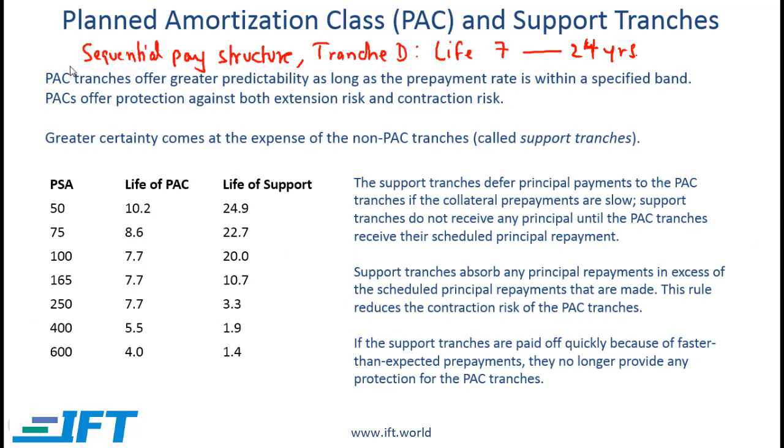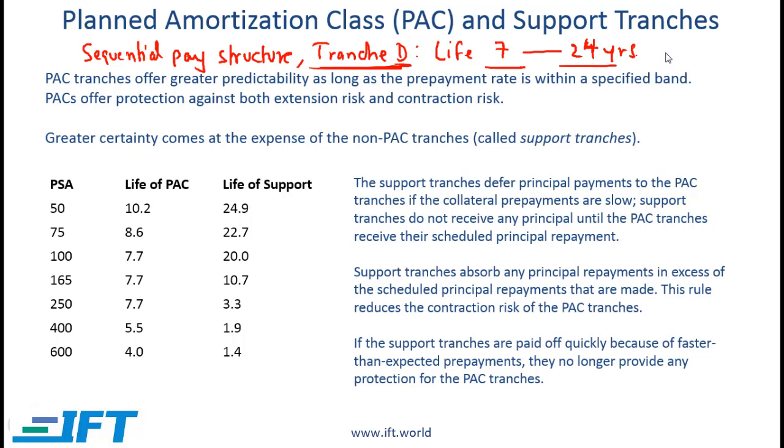On the previous slide, we talked about the sequential pay structure. And if we consider tranche D, where the contraction risk is relatively low, even there, the life can vary from 7 years to 24 years depending on the prepayment rate. So there is a fair amount of variability.